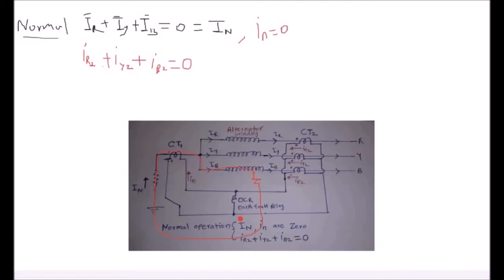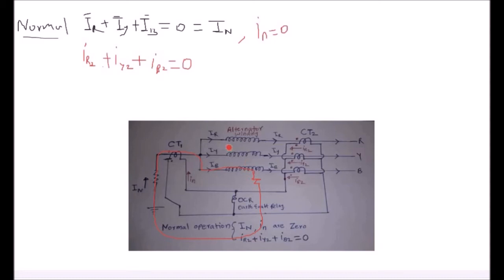So observe this, the fault current only flows through the CT1, that is the neutral CT, and hence the current is reflected in the secondary winding as small IN, and there is no fault current flowing in the CT2 set. Therefore, a differential current will flow through this earth fault relay, and the relay will operate and close the tripping contact. So this relay operates for an internal earth fault only.